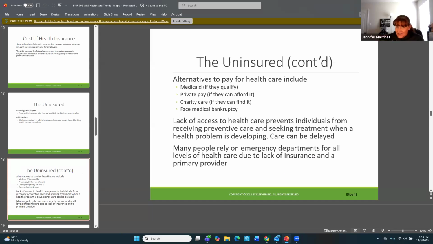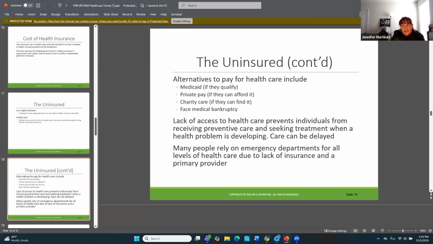But how expensive is that? And I understand it 100%, right? Because if you don't have health insurance and you need a doctor, you're going to go wherever it is you can go. But think of the cost involved between getting a strep test at a doctor's office versus going to the emergency room and getting that same strep test, right?